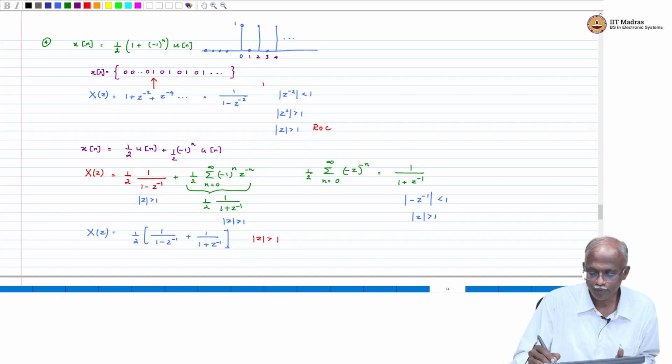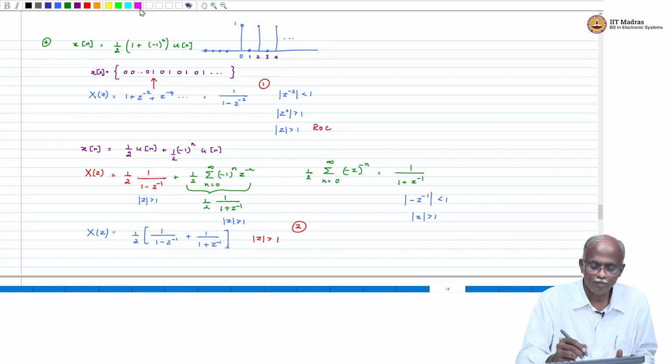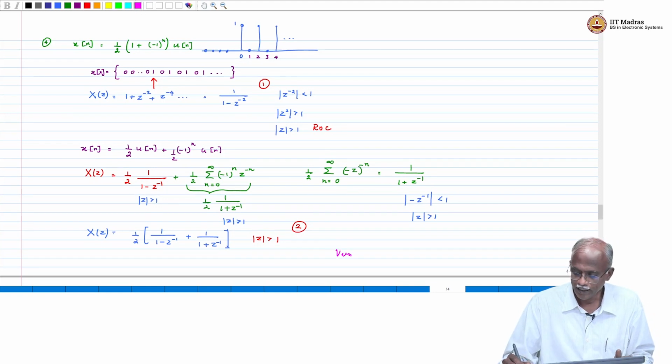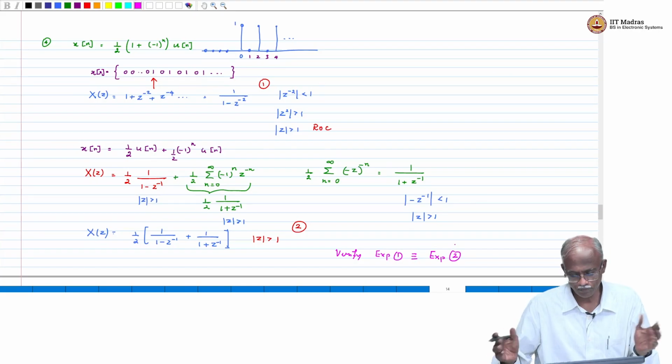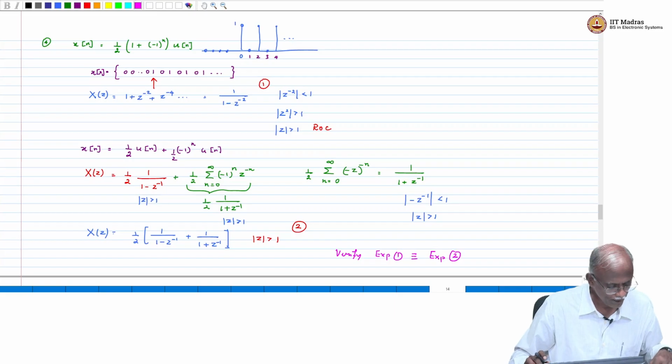So, we have an expression number 1 and expression number 2, and please verify that the expression in equation 1 is the same as the expression in equation 2. Straight, very simple simplification. I'm sure you will be able to do that without much of a difficulty.